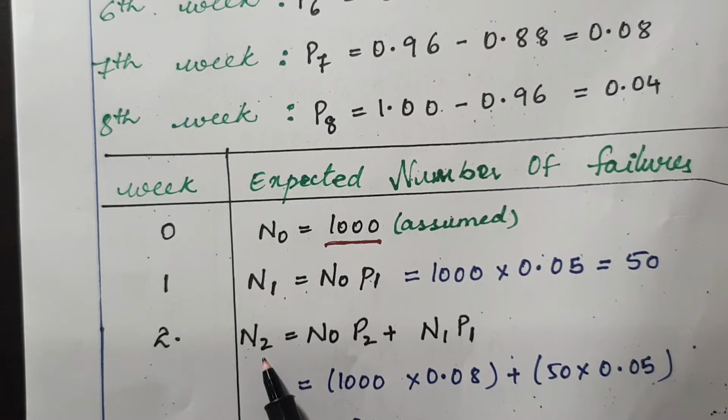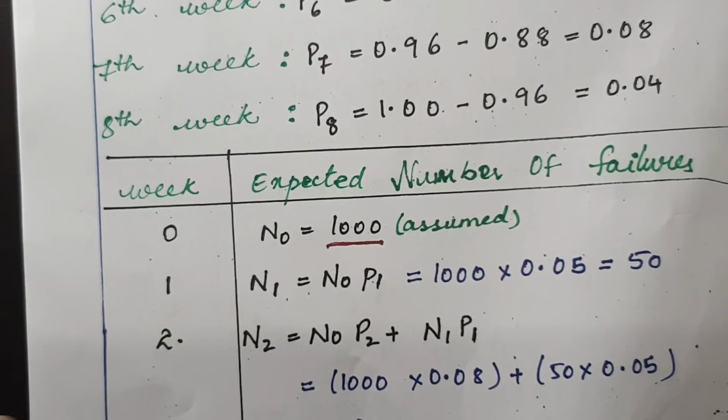For n2, it is n naught, n1, and then in reverse P1, P2. For n3, it is n naught, n1, n2, with P1, P2, P3. Like this you have to take the reverse manner.